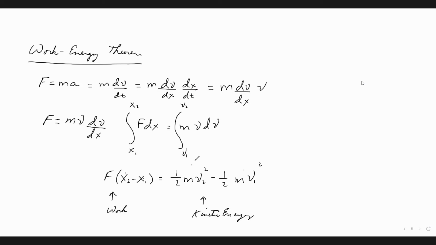Now, in general, this is a one-dimensional argument here. But actually, in general, work has a much more general definition. The work W is equal to the integral from position 1 to position 2, and it doesn't have to be on a straight line.